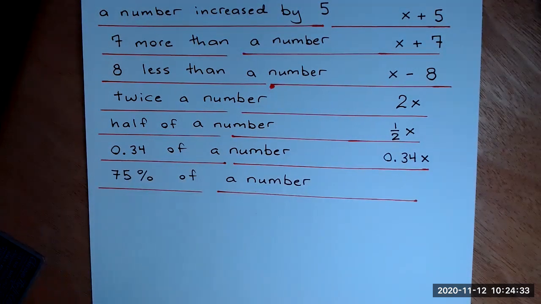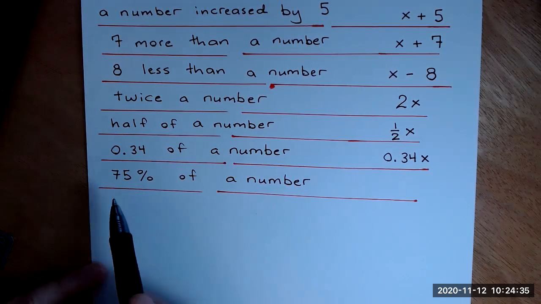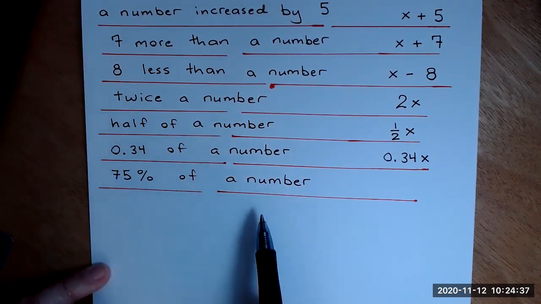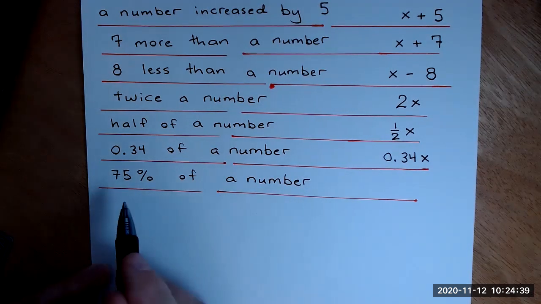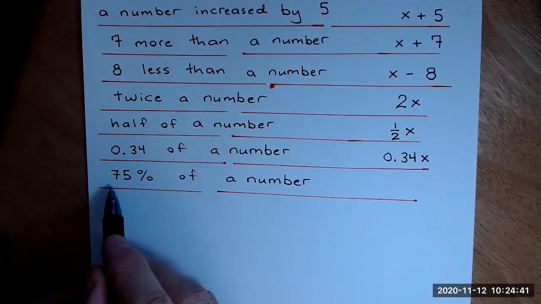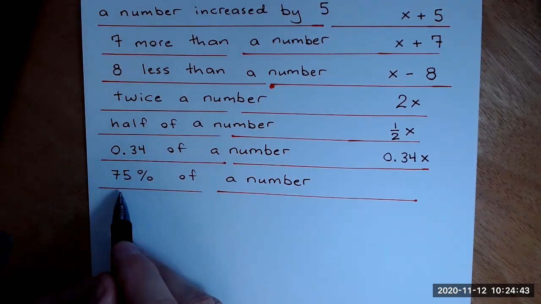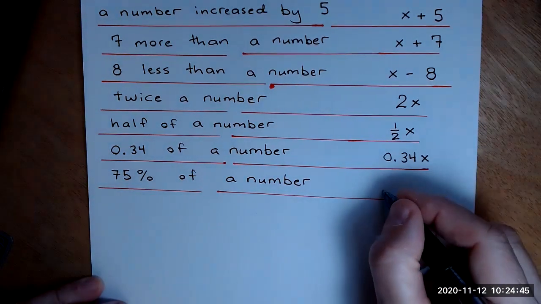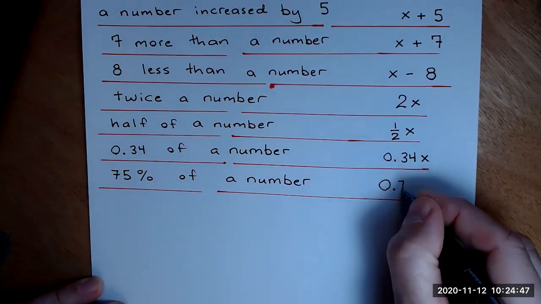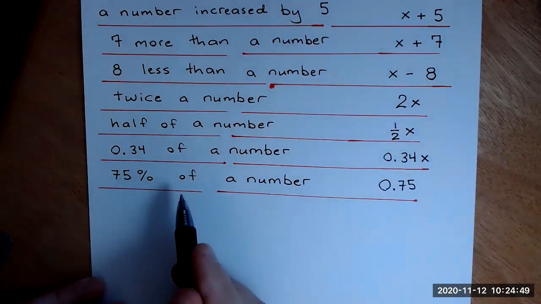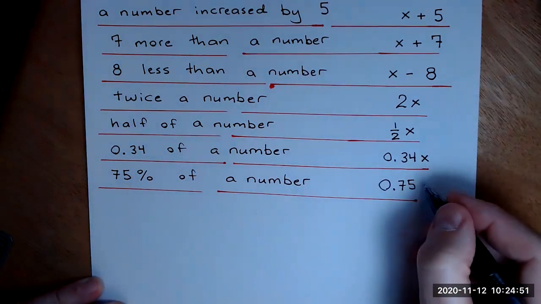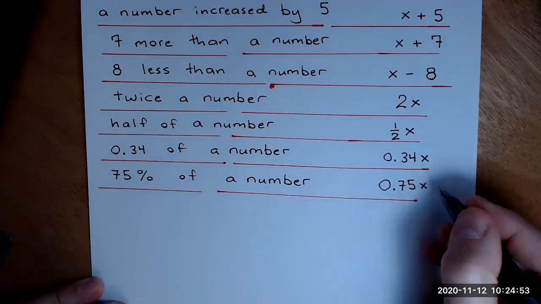If they said 75% of a number, well, you'll recall that first you have to convert that percent into a decimal. So that'll be 0.75. Of means multiply, so that's 0.75x.